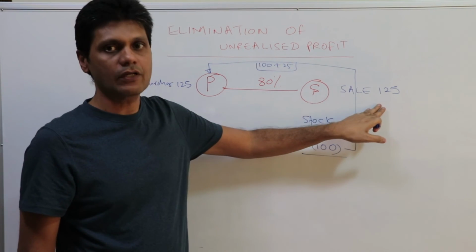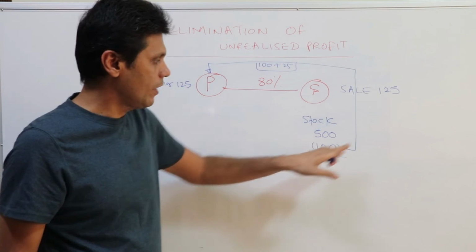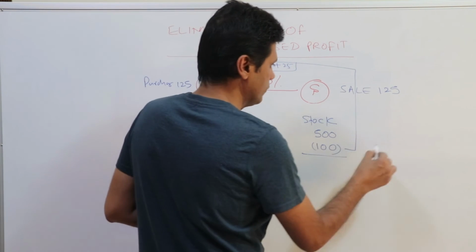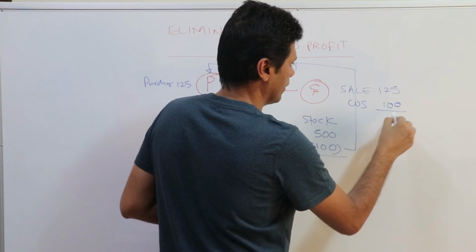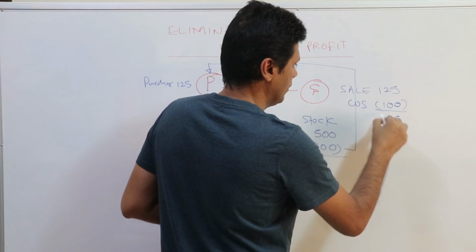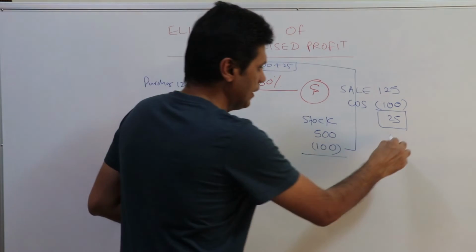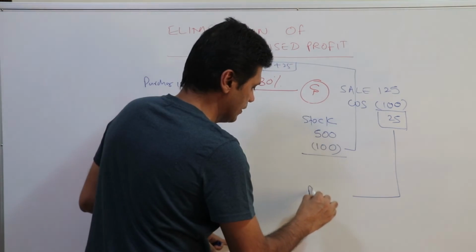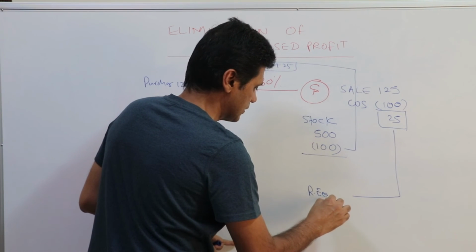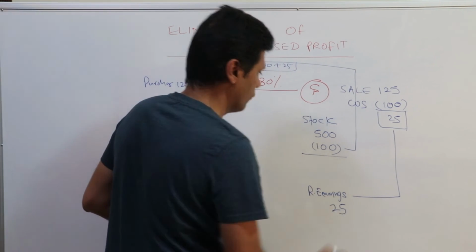S company has recorded the profit because the sales value is 125, whereas the cost of sales will be 100. So the profit is 25. This profit will be recorded in the books of S under retained earnings: retained earnings 25.